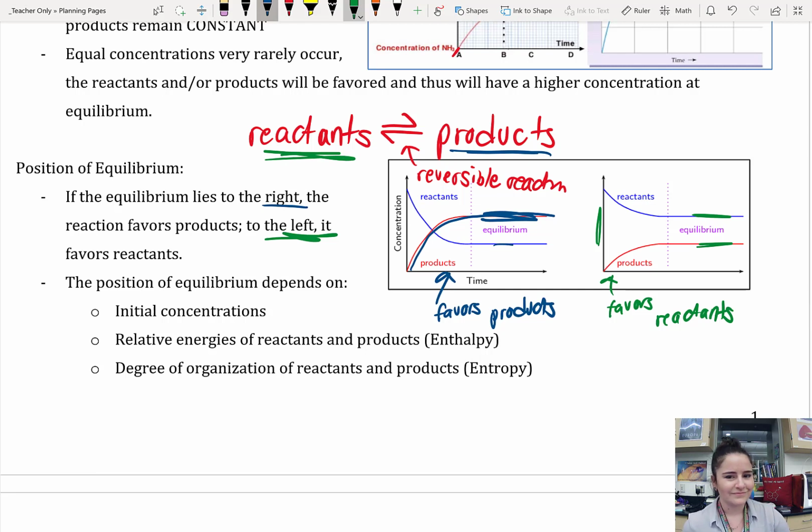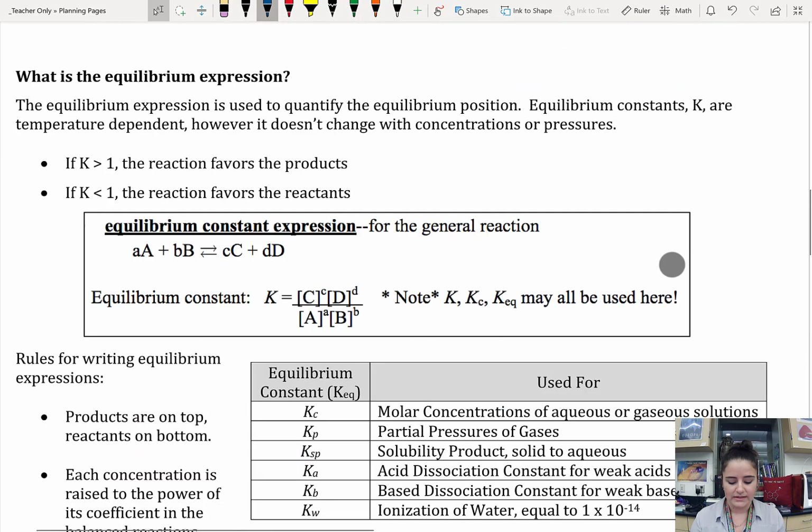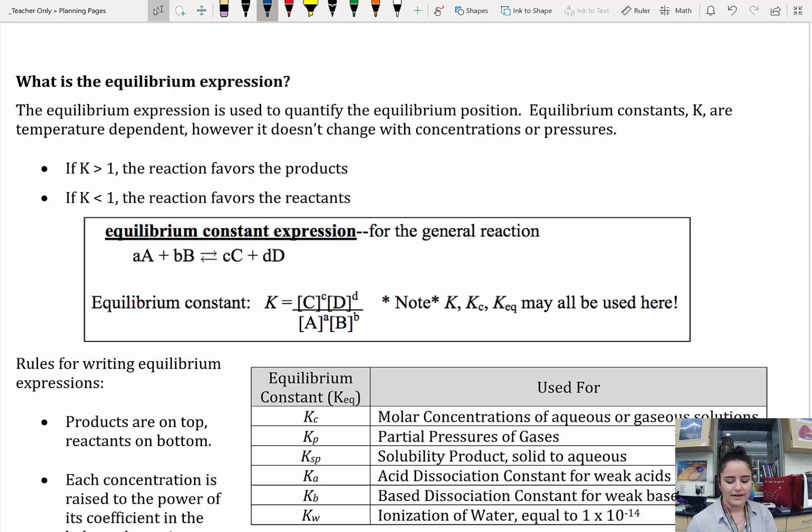Okay, cool. So now when we talk about equilibrium, we use equilibrium expressions. Basically, an equilibrium expression is used to quantify the equilibrium. We use a constant, K, that is temperature dependent.